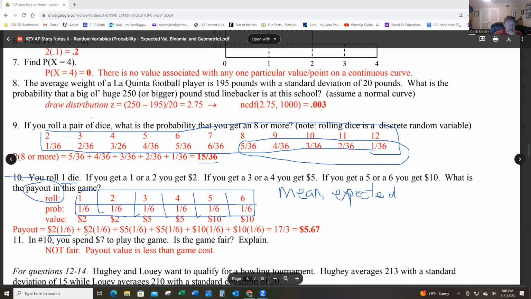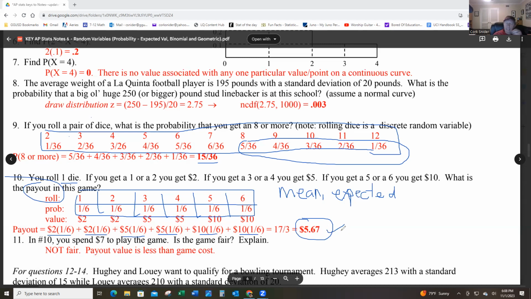Then add $2 for getting a 2, which is 1/6. Then add the probability of getting a 3, which is a $5 payout, a 4, a $5 payout, and then a 5 and a 6. It works the exact same way as expected value, but you put in the dollar amounts. The payout is $5.67.